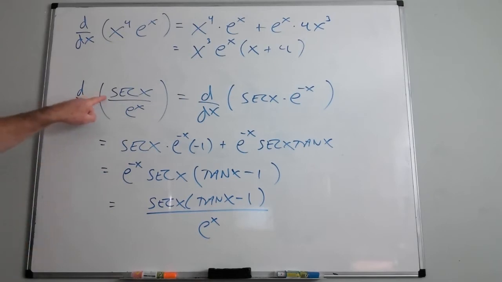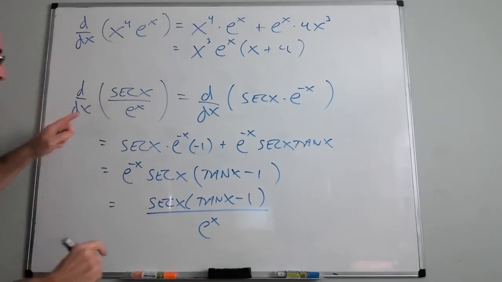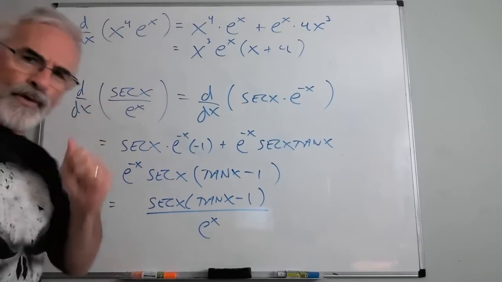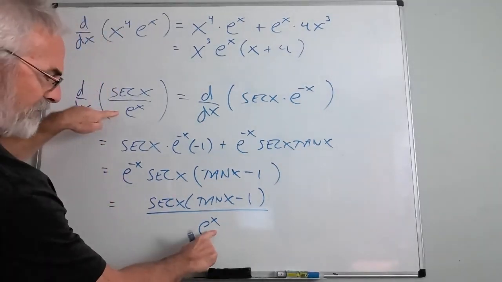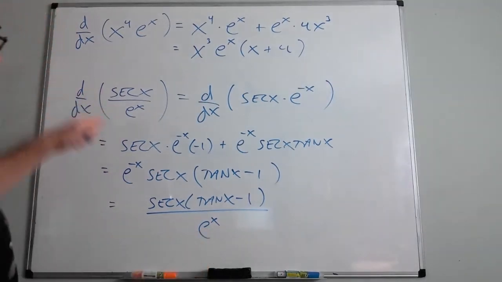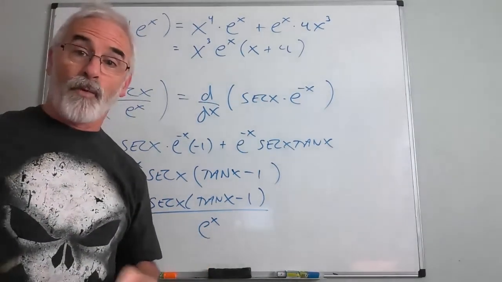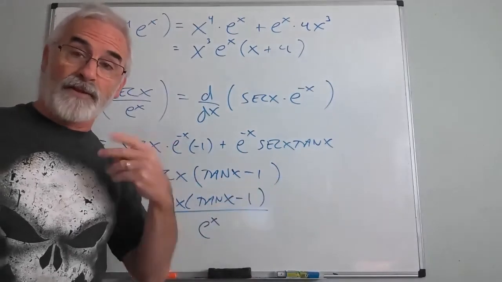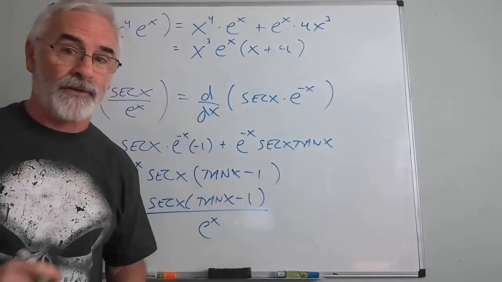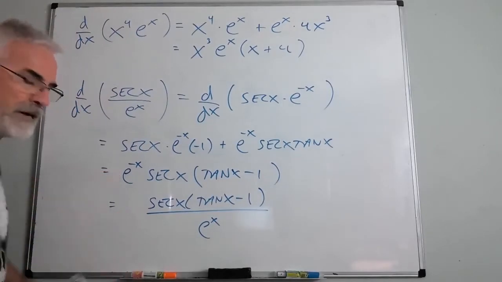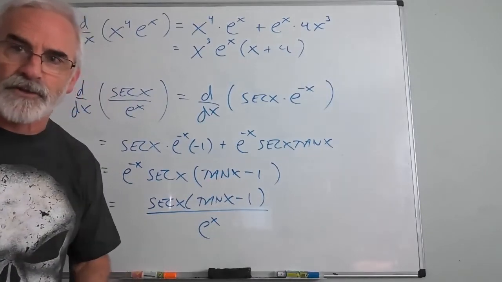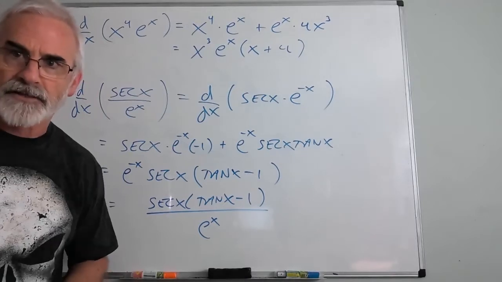If I had left this as quotient rule, by the way, you know something really interesting? In quotient rule, don't I square the denominator? I didn't square the denominator. Well, actually I did. It's just, it turns out it would have factored and canceled. One of the reasons I'd rather use product rule, if I use quotient rule, there's actually a lot of algebra to simplify. Now, which one of these is better? The answer is yes. They're exactly the same.